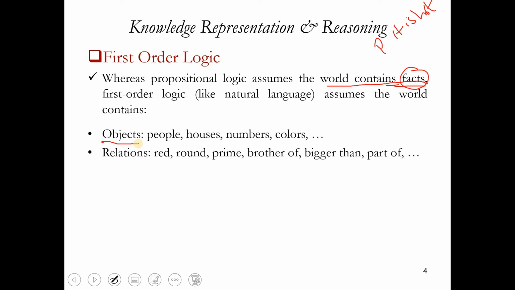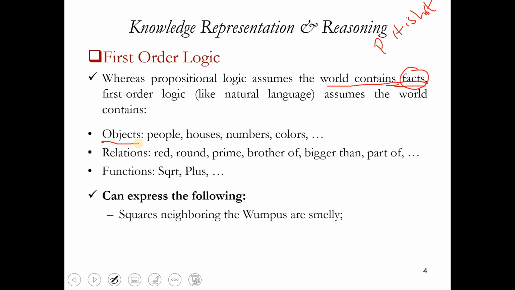In this language we have objects and then there are relations. And then we can have functions we can define. In the last example you saw previously, there were functions like mortal, loves. Here we can define any function, even mathematical functions, square root, plus. So we can describe many things.